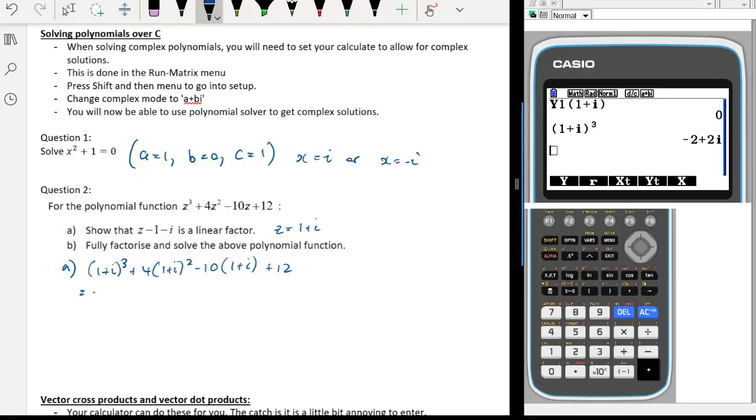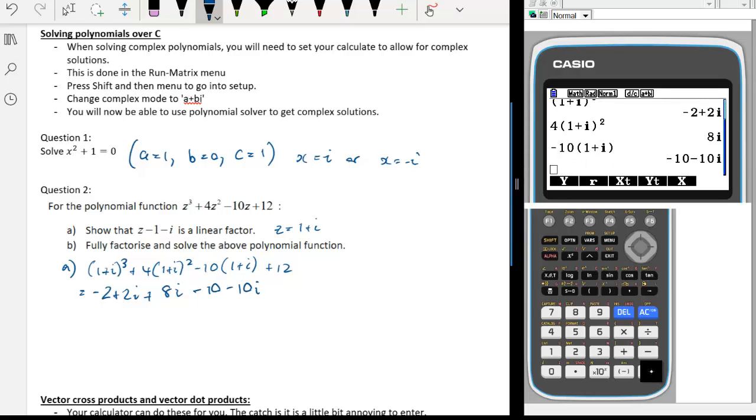Oh, look at that, that is negative 2 plus 2i. What about 4 lots of 1 plus i squared? Okay, that should be just 8i. And what about negative 10 multiplied by 1 plus i? That is negative 10 take 10i.